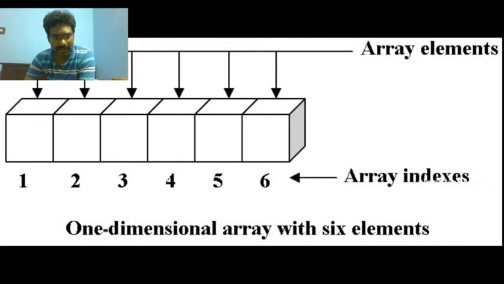Here, for the linear data structure, I have taken the example of an array. Here it is a one-dimensional array. You all know for what purpose we are using the array. If you are going to group elements of the same category, of the same data type, then we collect all these elements in the form of an array.